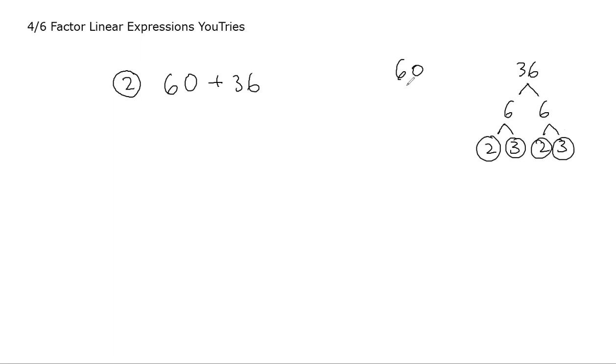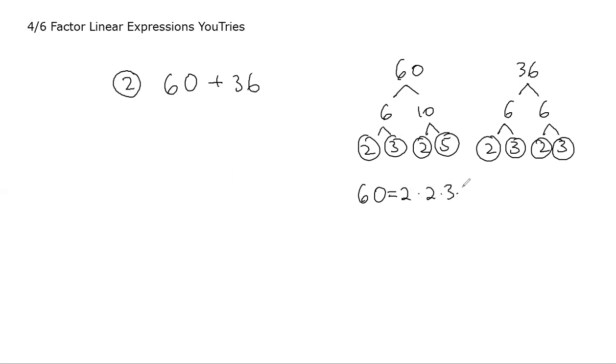I'm going to write out the prime factorization. Okay, so 60 is going to be 2 times 2 times 3 times 5. 36 is going to be 2 times 2 times 3 times 3.